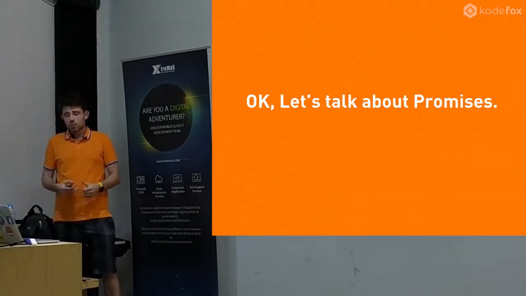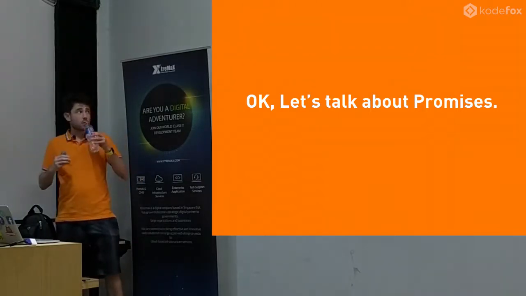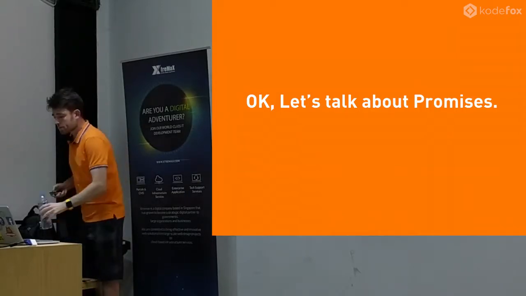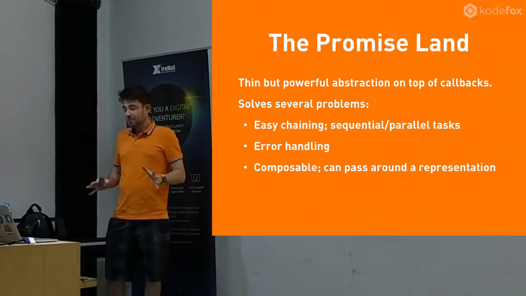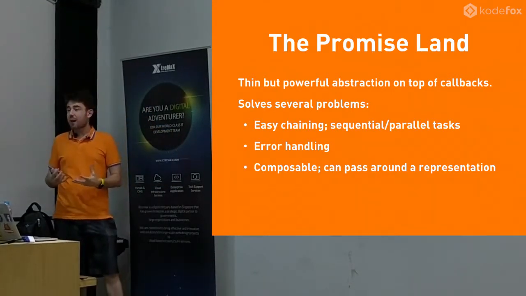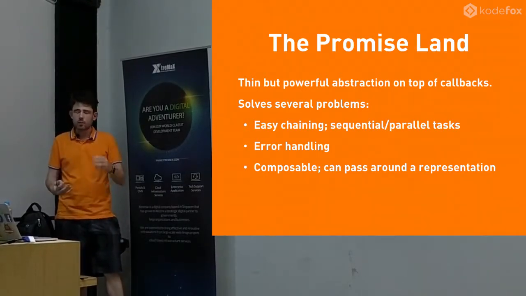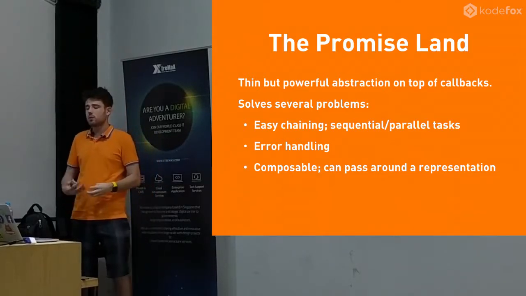So let's talk about promises. We've talked about callbacks, right? Promises do a little better. This is basically a thin wrapper, a thin abstraction around callbacks. It gives us the chaining that we need, doing task 1, waiting till it finishes, doing task 2, and continuing in sequential order.